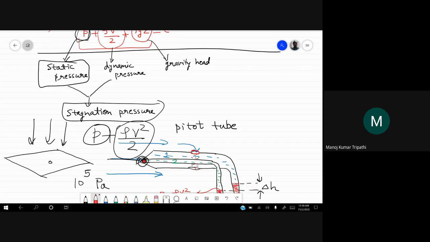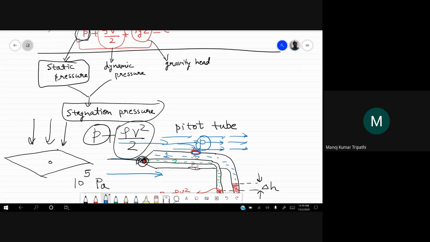And the hole here, if you see, actually the air does not enter this hole like this. I'm just showing it to show you that this is the same air as what is flowing outside. So the air actually flows like this outside that hole which is on the circumference of this tube. So this hole here feels only the static pressure component.